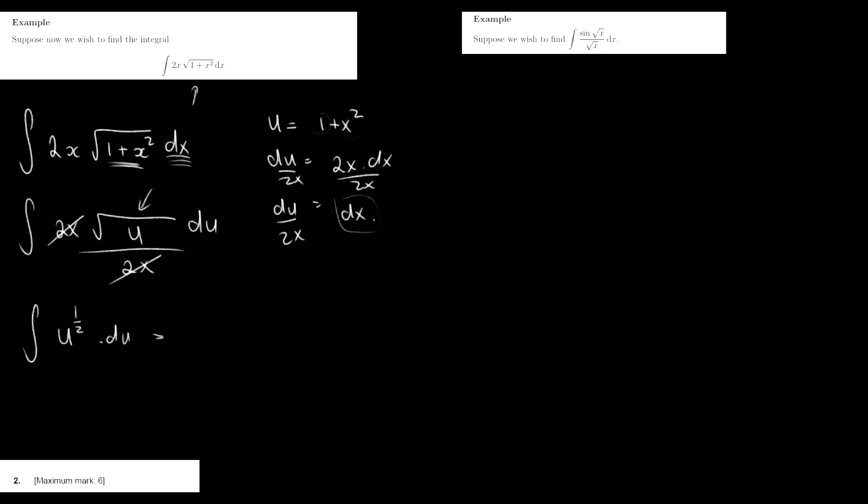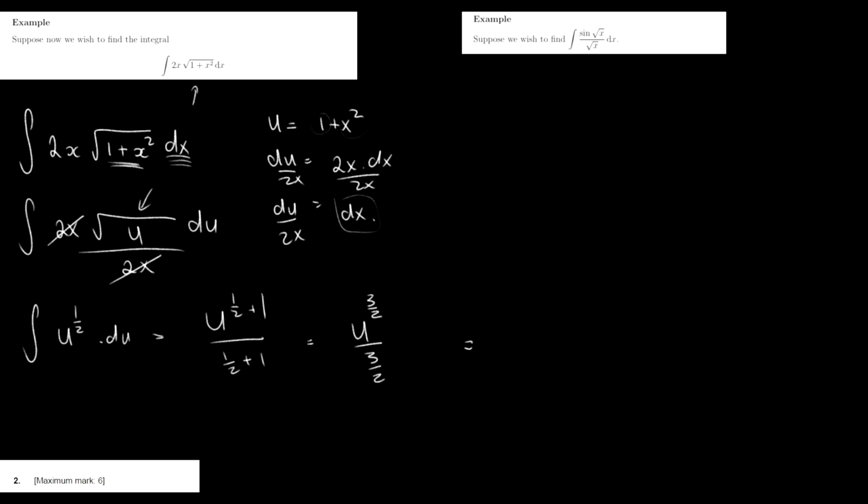Then we can integrate it. It's u to the 1/2 plus 1, over 1/2 plus 1. So that gives me u to the 3/2 over 3/2. Then I can just bring back what u was.